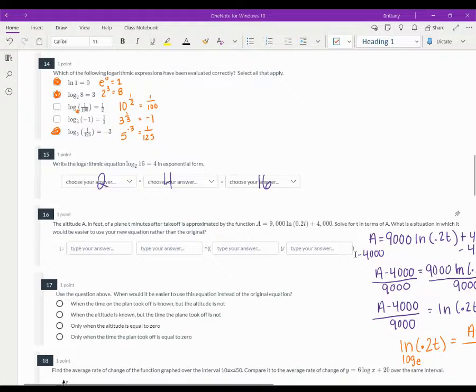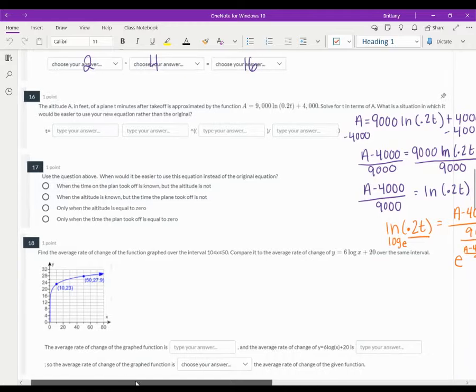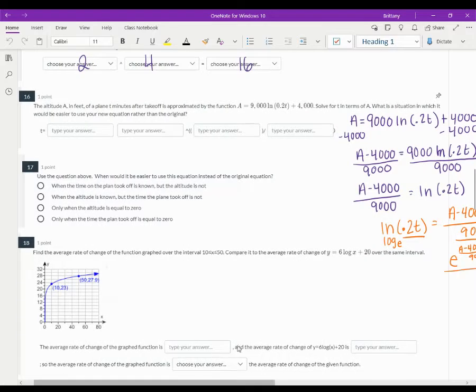So I know my base is going to be e. And then these two things are going to switch. My exponent is going to be a minus 4,000 over 9,000 equals 0.2 t. And then I divide all of that by 0.2.